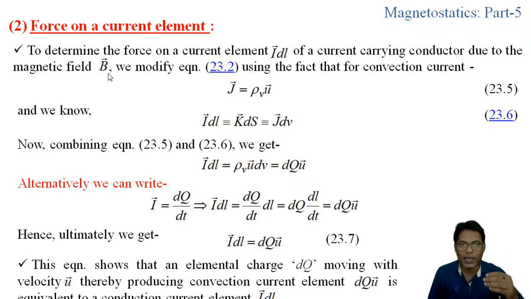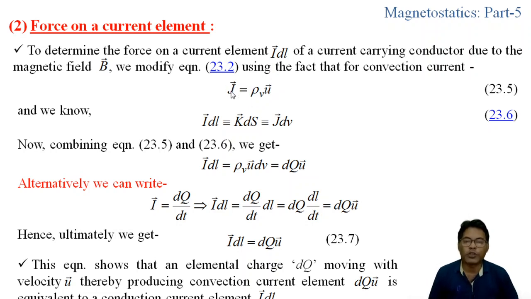If we place the current carrying conductor in an external magnetic field, then that conductor will experience a force due to the magnetic field, and that can be written using the fact that the convection current density J equals rho v into u. In the earlier lectures we have seen this equation, and we are going to use it.